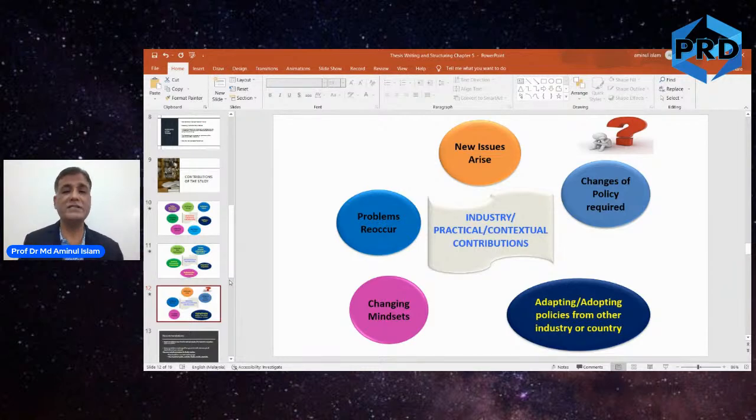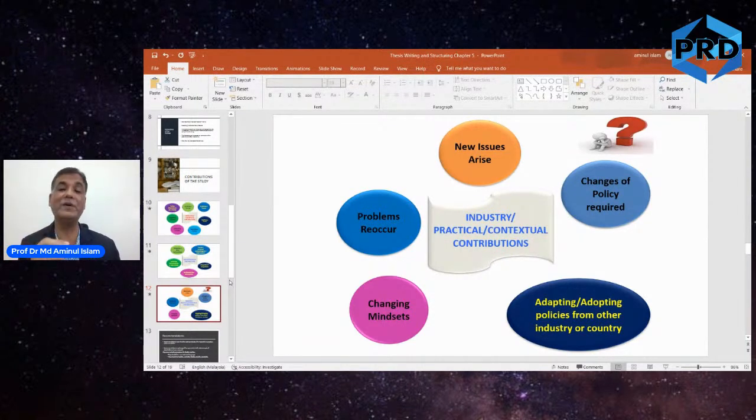So through your research, there could be new issues raised in the conclusion. You have raised questions at the beginning in chapter 1, and you are providing solutions to these. And on the other hand, a good thesis would also raise more issues. And that gives you the premise to do more research, okay? So a new issue has to be raised, okay?